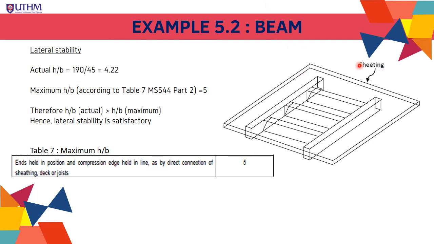This is our beam or joist, at both ends held in position and top connected to sheeting. So we use the value of 5 as our maximum H over B. Since our H over B maximum given in the table is more than our actual H over B, it means that our lateral stability is satisfactory.